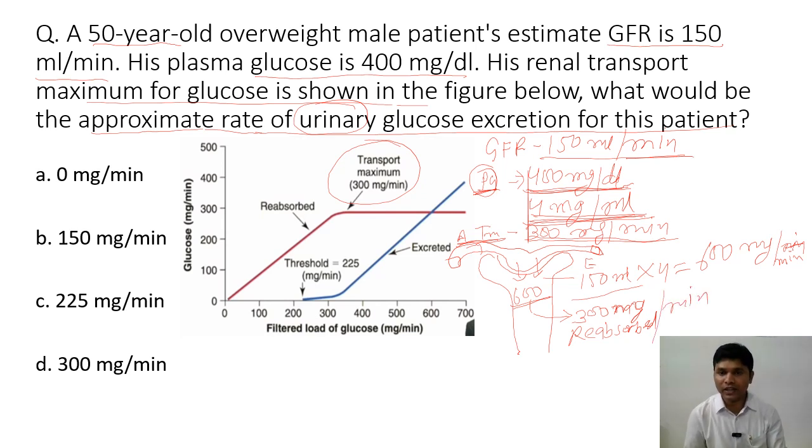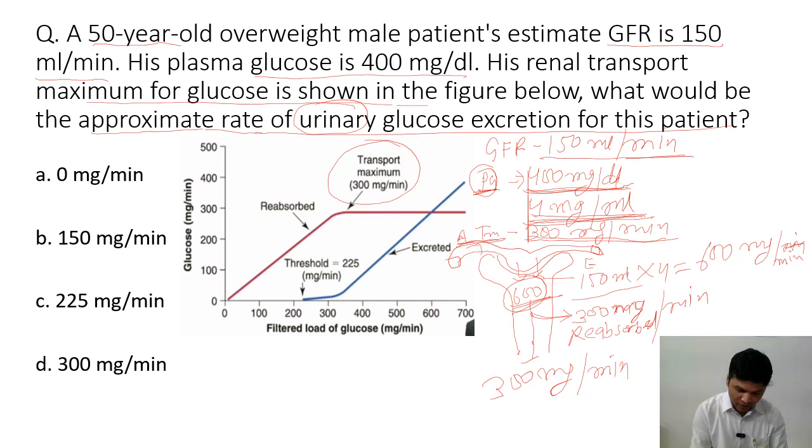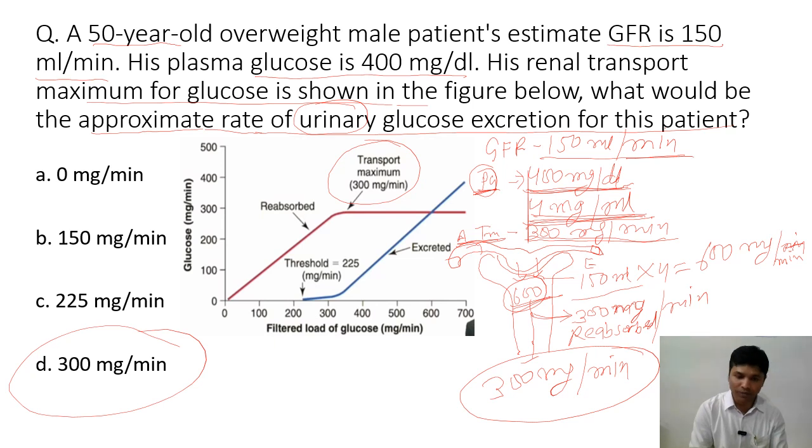So what will be left here? Out of 600 milligram per minute filtered, 300 milligram will be reabsorbed. So what is left will be 300 milligram per minute. So the answer is 300 milligram per minute.